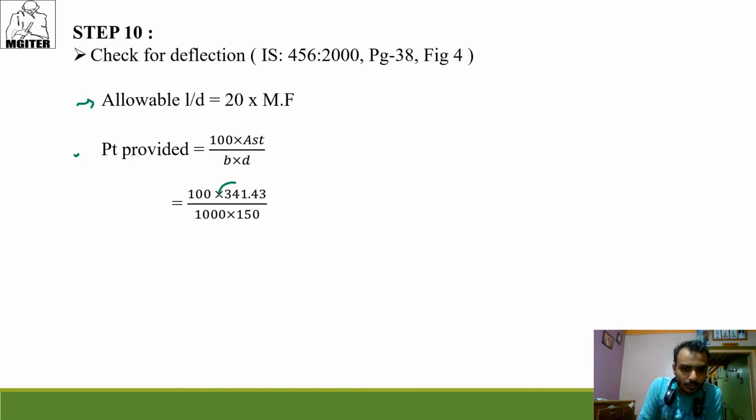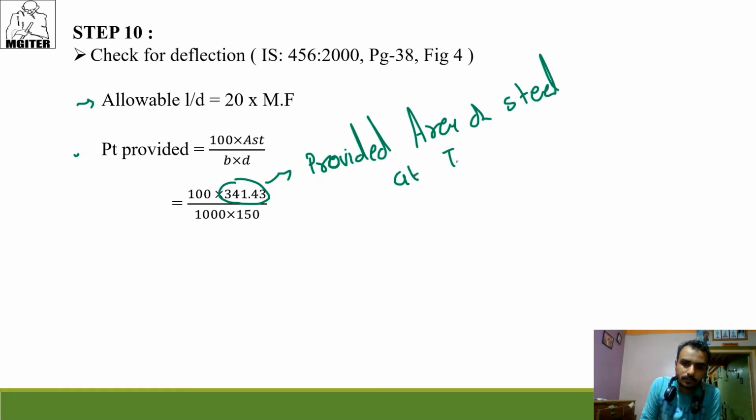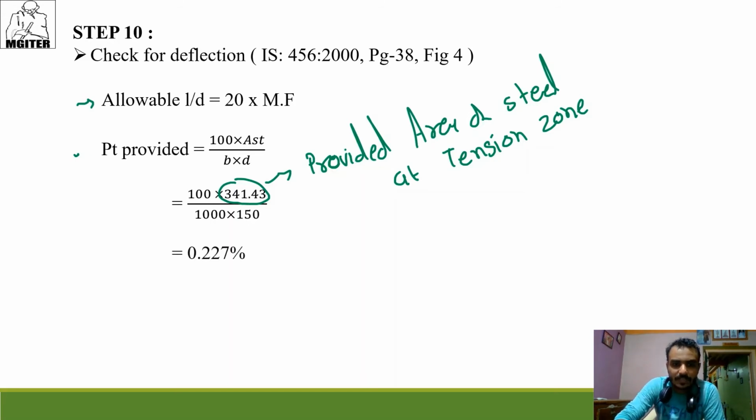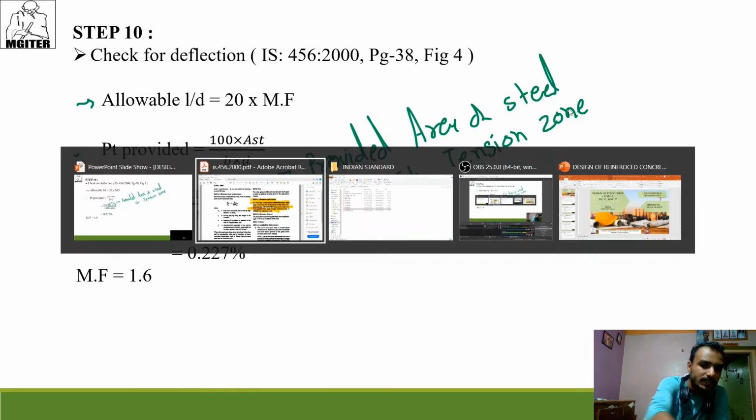What is this? 341.43 is the provided area of steel, and 150 is the effective depth. Pt is 0.227%. By this Pt, we can find out MF, 1.6, from the same figure, page number 38.